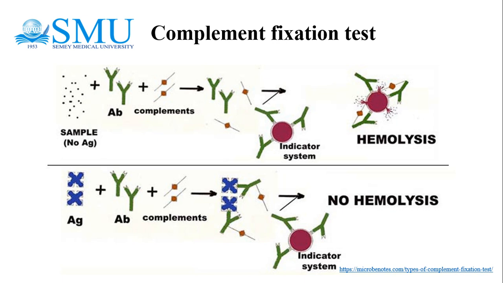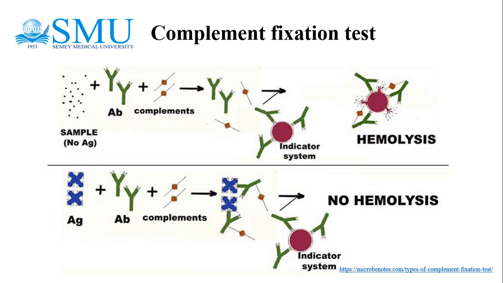In the second step, a hemolysis indicator system is added. It consists of sheep RBCs coated with their antibodies called amboceptors, prepared by injecting sheep RBCs into rabbit.